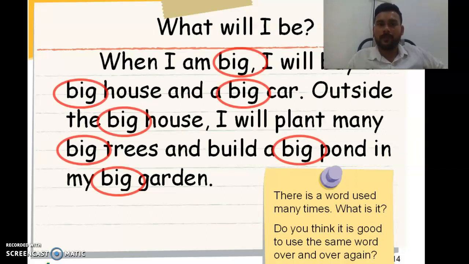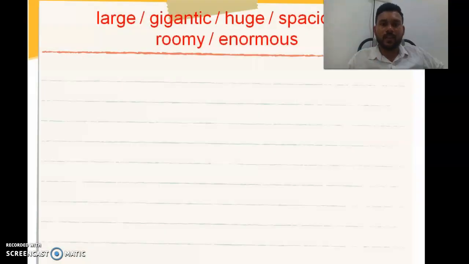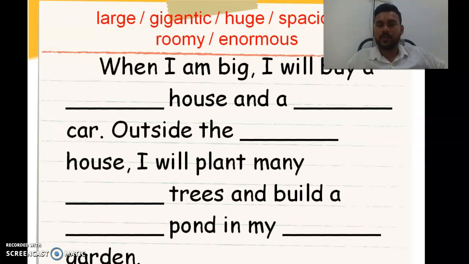Okay, now see, it is circled with the red mark. Those big words should be replaced with large, gigantic, huge, spacious, roomy, enormous. Let's go with it and replace it. Did you replace?